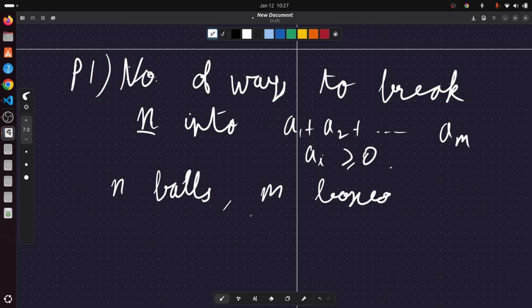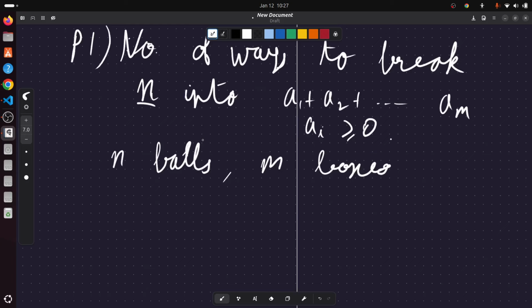Of course a box cannot have a negative number of balls. So we have n balls and m different boxes, and we have to find the number of ways to put these n balls into m boxes, right? So the number of different ways.